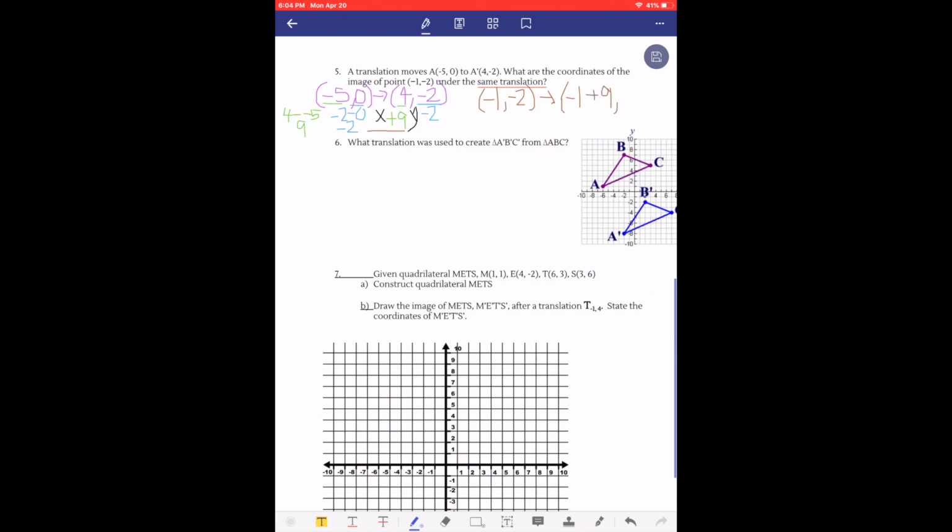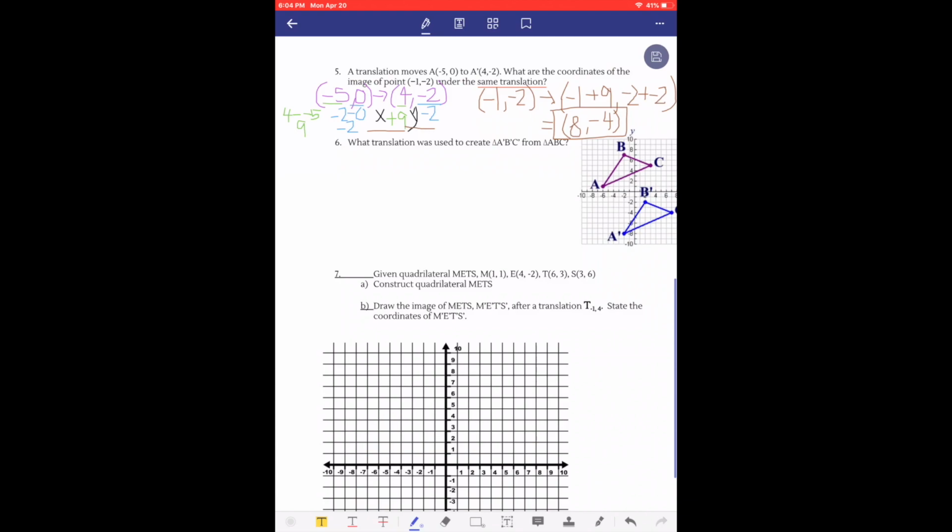And then the -2, I'm going to add -2. When I do that, -1 plus 9 is +8. -2 plus -2 is -4. So that's my new coordinate. First you find the translation and then you apply it to the new point.